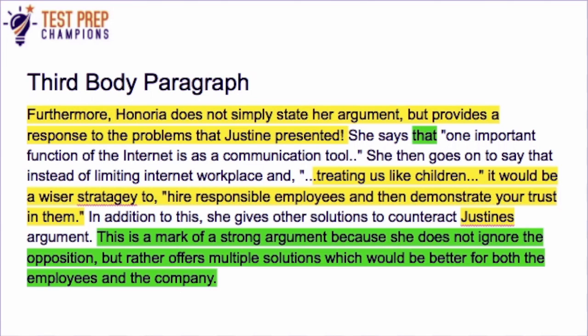She then goes on to say that instead of limiting internet in the workplace and treating us like children, it would be a wiser strategy to hire responsible employees and then demonstrate your trust in them. In addition to this, she gives other solutions to counteract Justine's argument. This is a mark of a stronger argument because she does not ignore the opposition, but rather offers multiple solutions which would be better for both employees and the company.